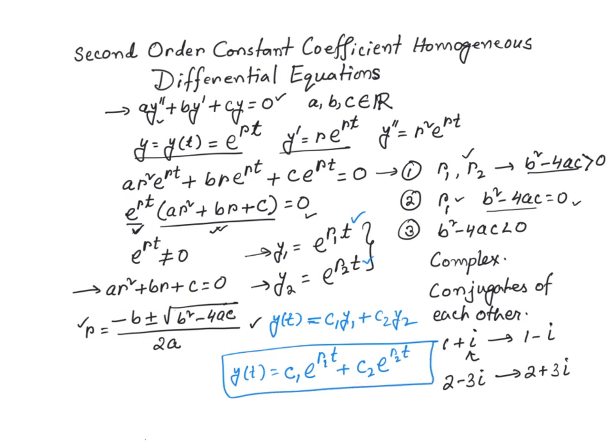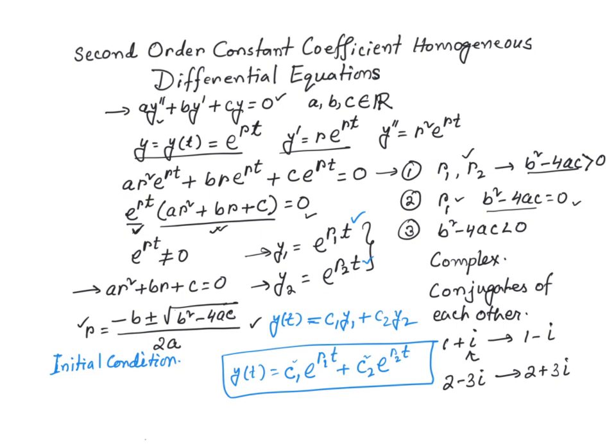This is a family of solutions, which is infinitely many. However, how do we find a particular solution? That depends on the initial conditions. If we provide initial conditions, that helps us find the constants c1 and c2, and then we have a particular solution.